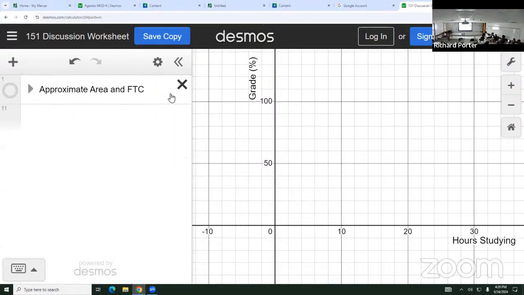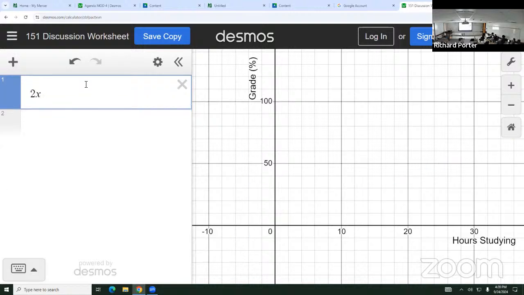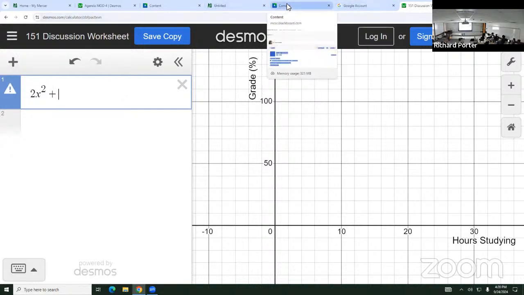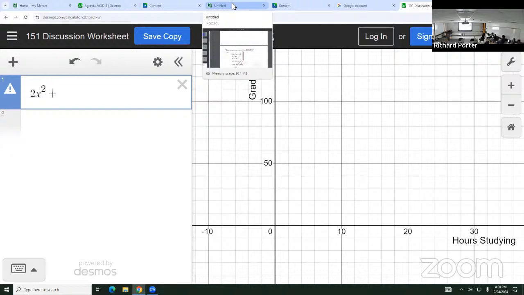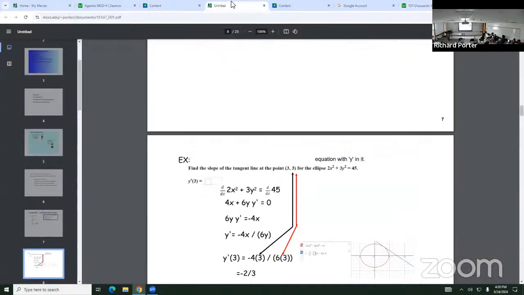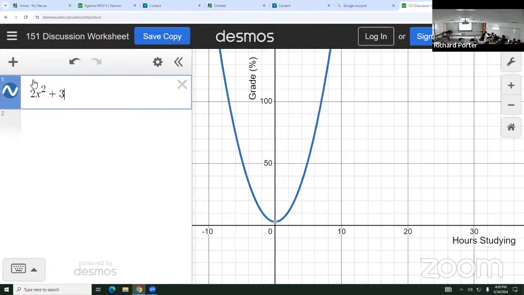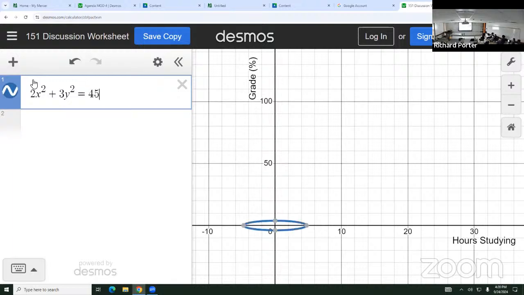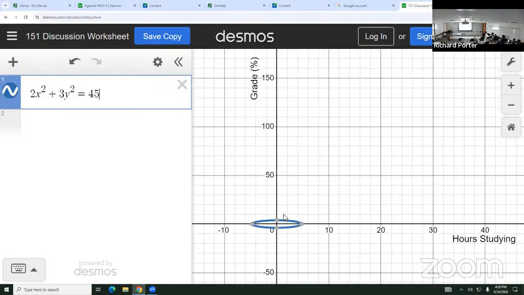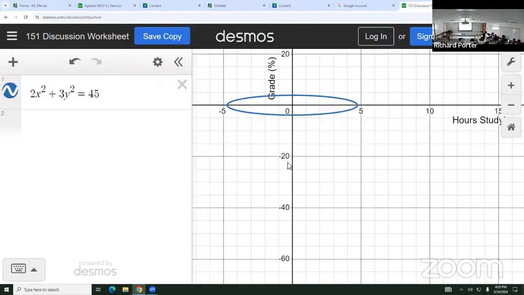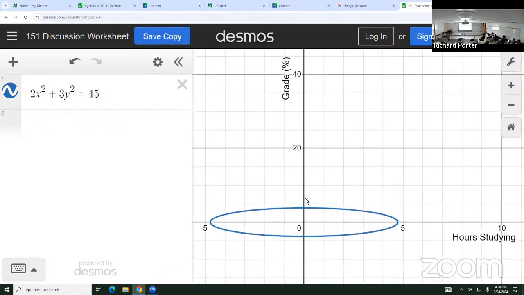There's an equation, and there's an ellipse right there. Are we good with that?